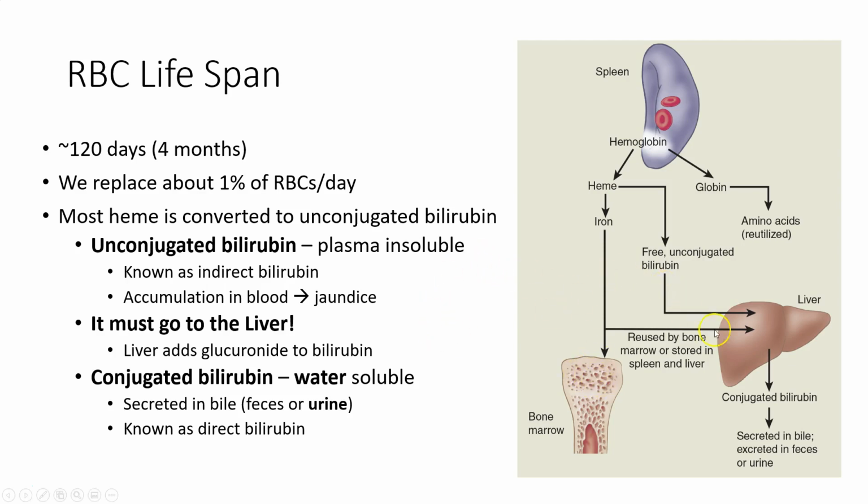This unconjugated bilirubin must go to the liver. The liver processes it and turns it into conjugated bilirubin. This conjugated bilirubin is secreted in our bile, which goes into the feces or urine, and that's because it is now water soluble. Conjugated bilirubin is also known as direct bilirubin.